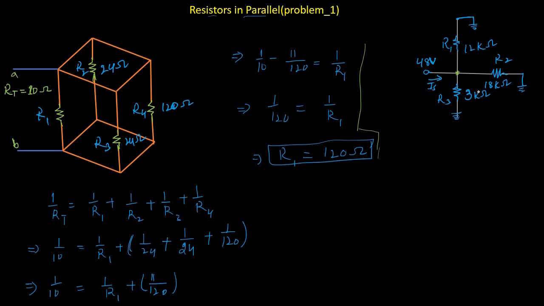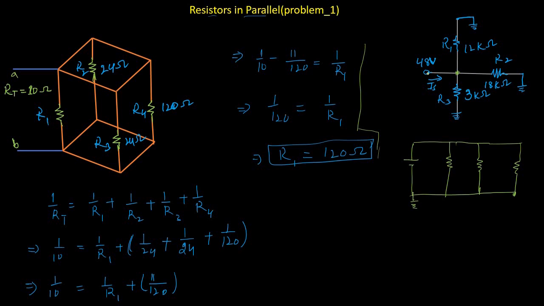Now by redrawing this network, we get this 48 volt source connected in parallel with R1, R2 and R3, and the other point of these 4 components is connected to the ground. This point shows the ground of this network.